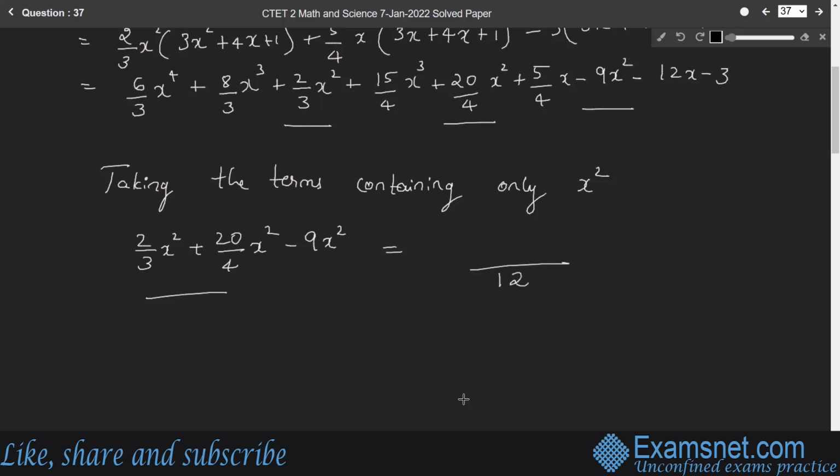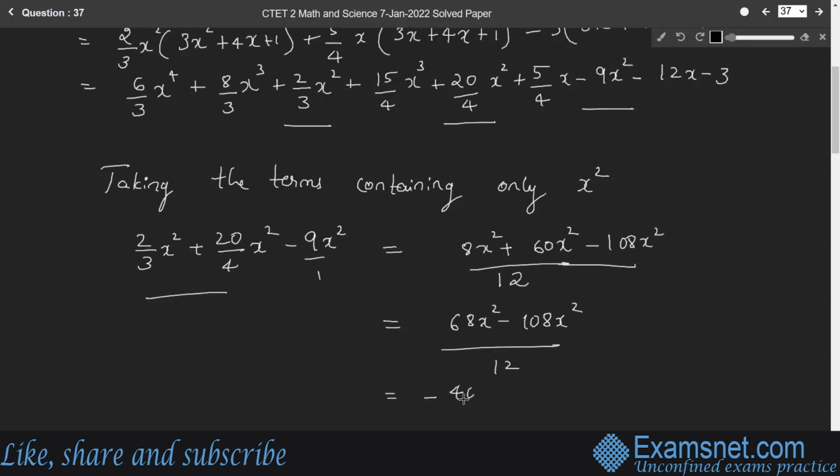So it is 3 into 4 is 12, 2 into 4 is 8 x square plus 4 into 3 is 12, so it is plus 60, 20 into 3, minus, so here the denominator is 1, which is 108 x square, which is 68 x square minus 108 x square divided by 12, which is minus 40 by 12 x square.